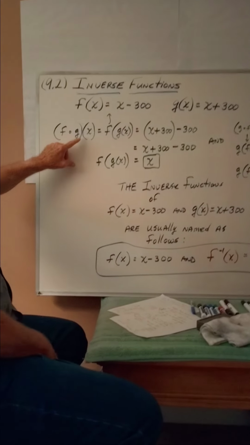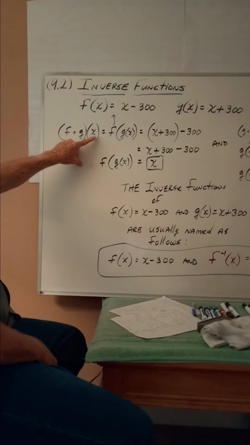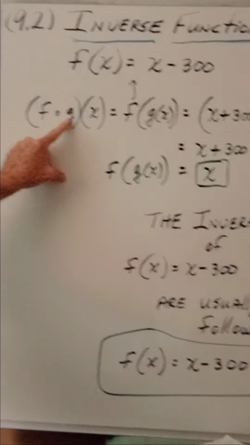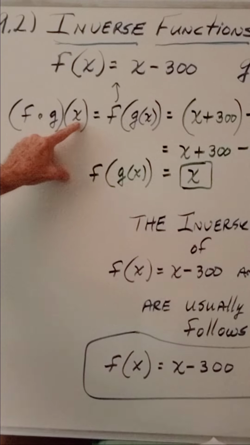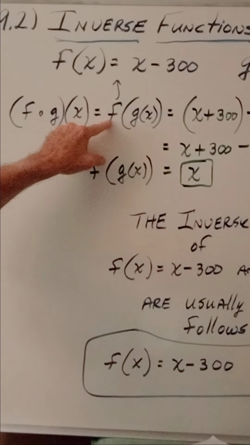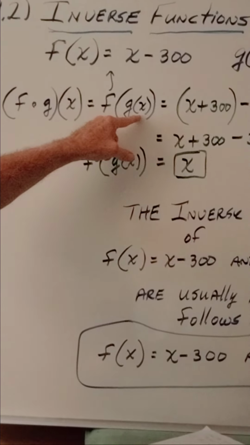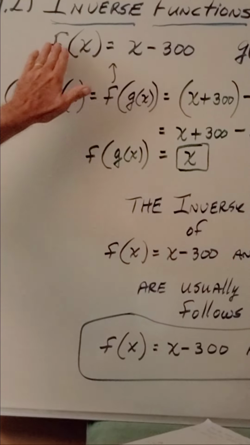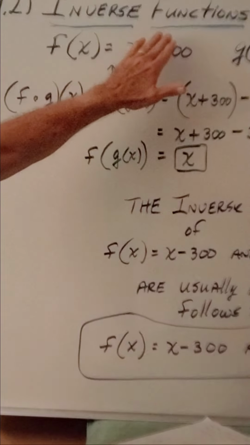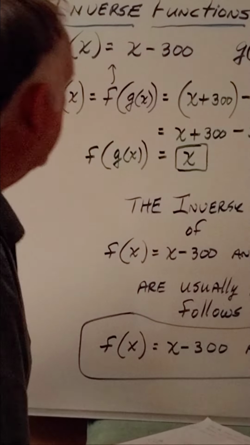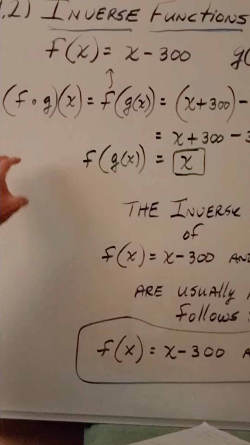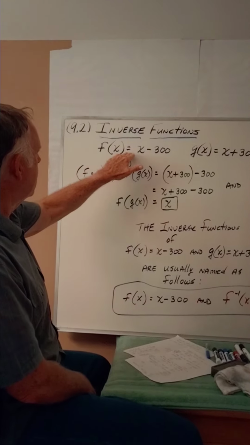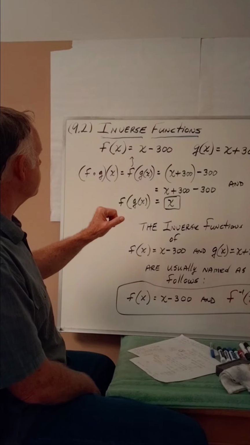So the first composite function that we're going to show is f of g of x. Because the function f appears first, we're going to begin with this function and look at how it's going to be done, and you'll see the cancellation or the undoing of the operation of function f.